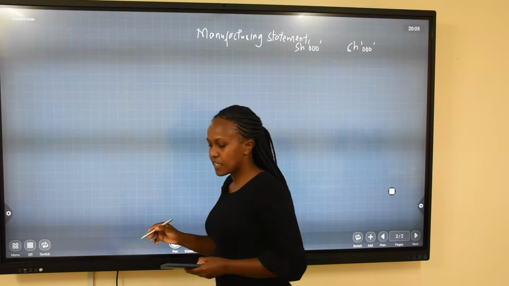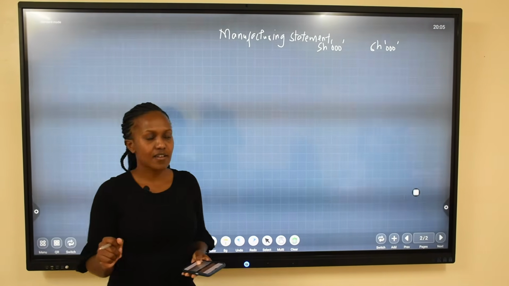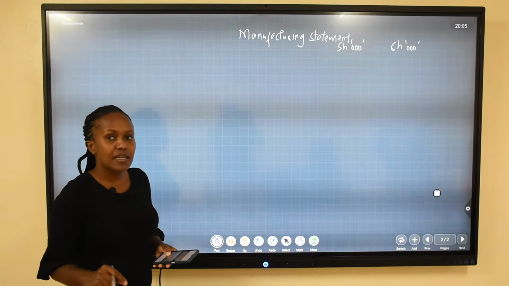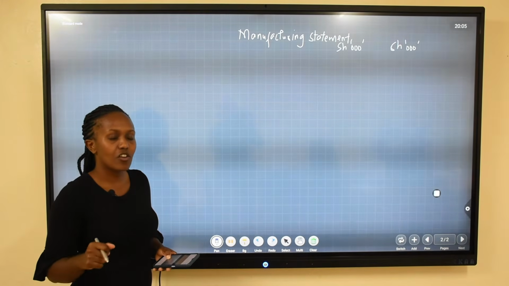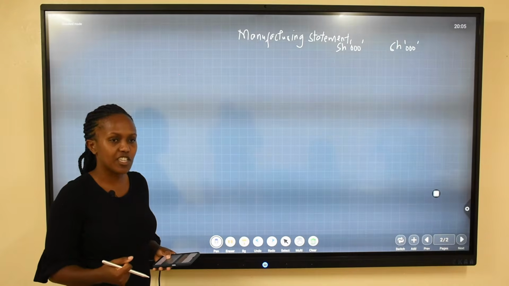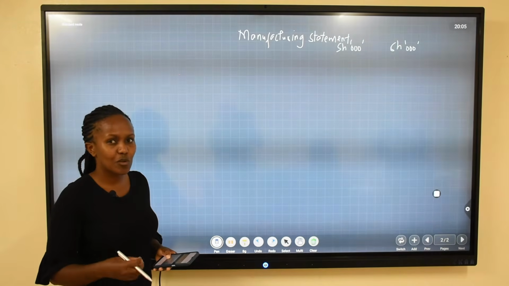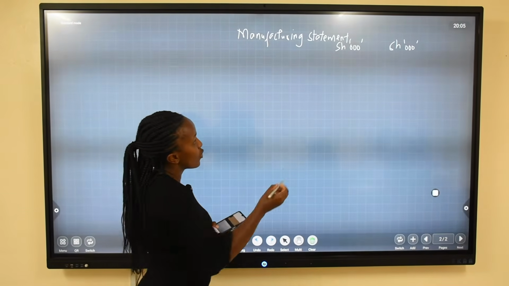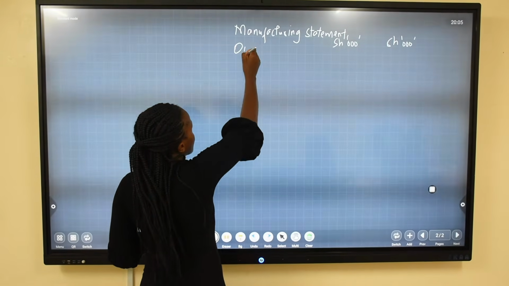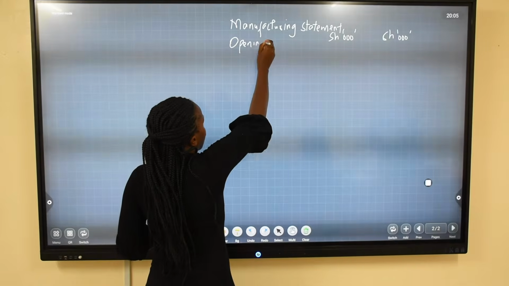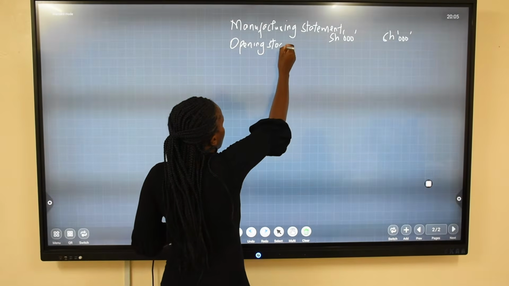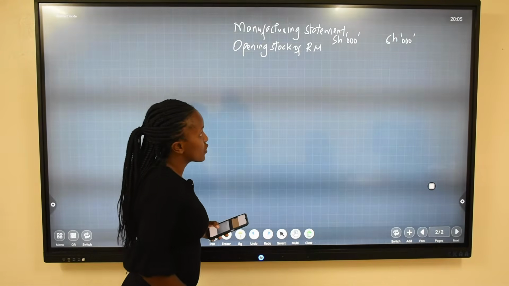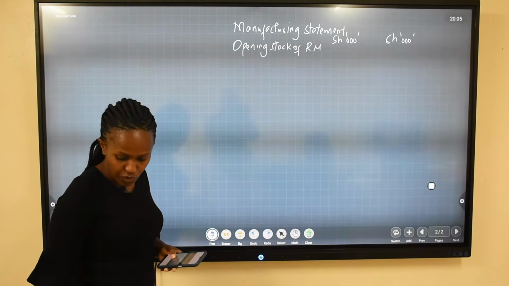So a manufacturing statement is simply prepared to determine the cost of manufacturing, to determine at how much cost were the goods manufactured. So the major cost on your manufacturing, number one, is material. So we are going to start with opening stock of raw materials. How much did they have as opening stock of raw materials?